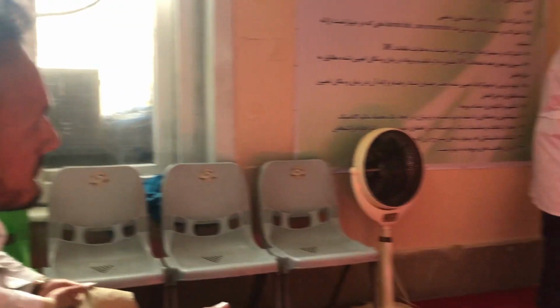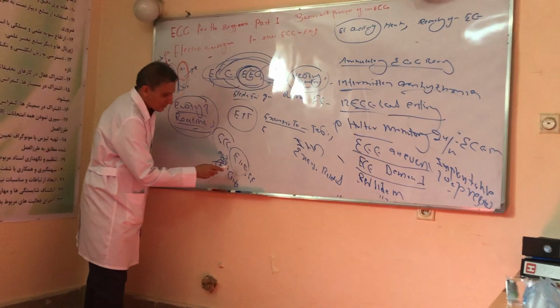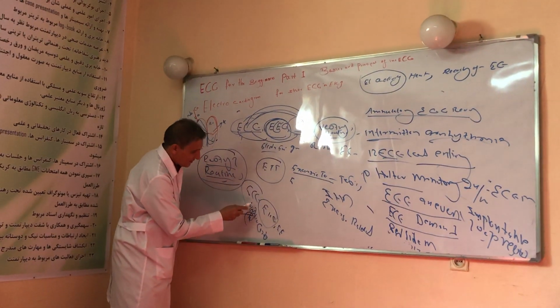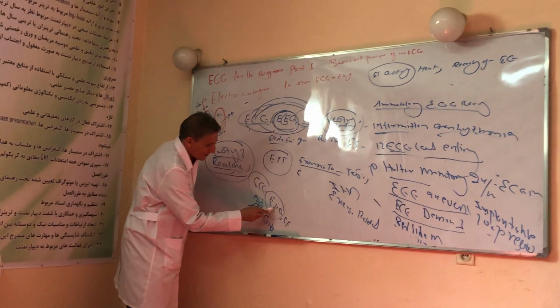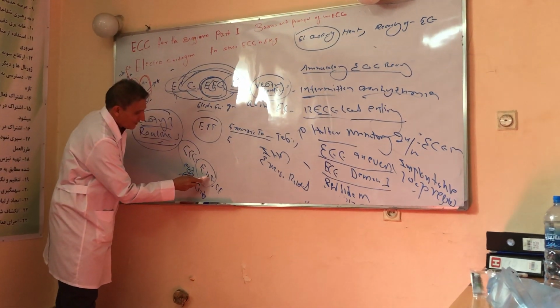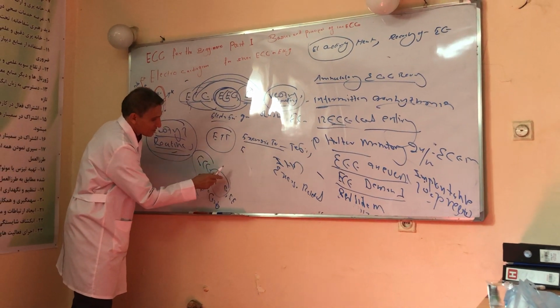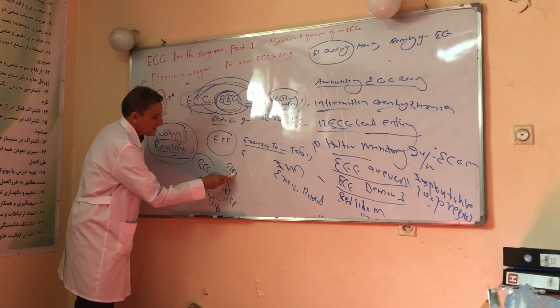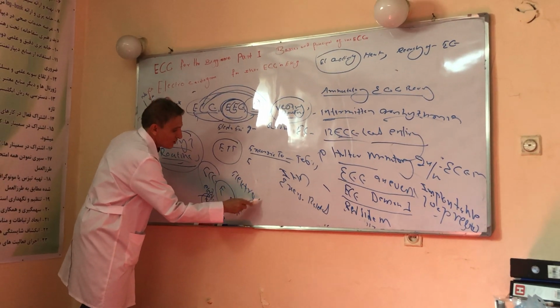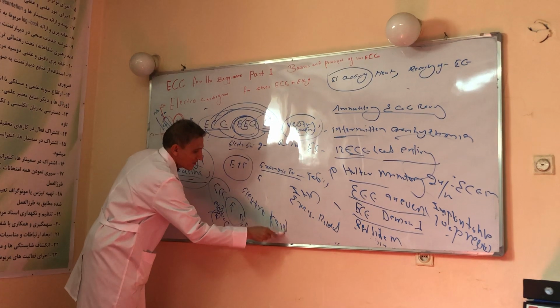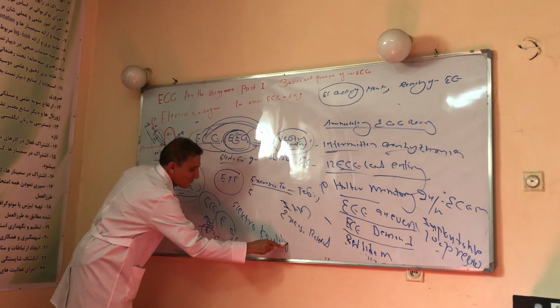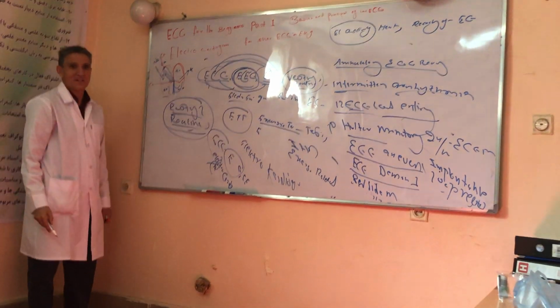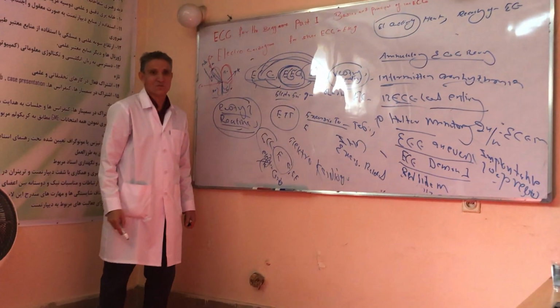Remember, when we use EKG, the C should be omitted and instead of C, we use K, electrocardiogram. Gram means recording. This was the difference between these two.